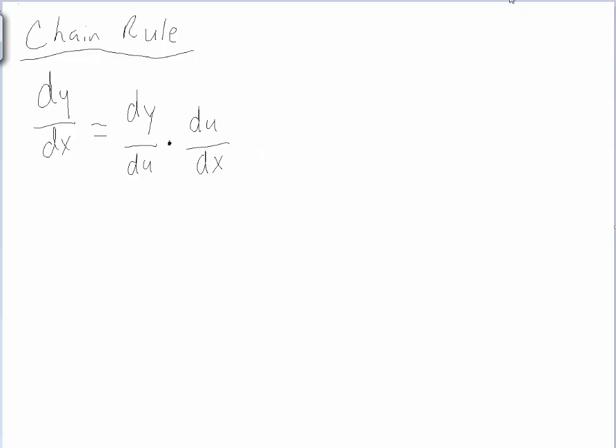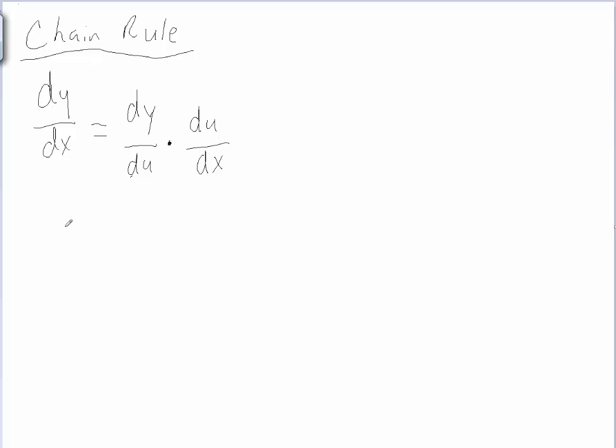So if we multiply dy over du times du over dx, the du's will cancel. You'll be left with dy over dx. So an example of that would look something like this. The extended power rule is simply an example of the chain rule.